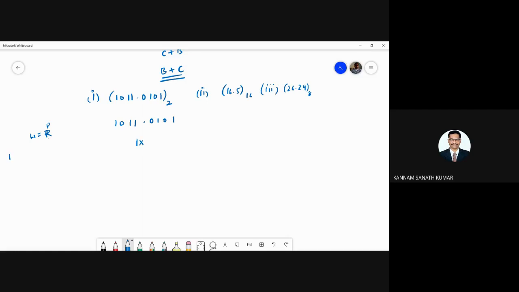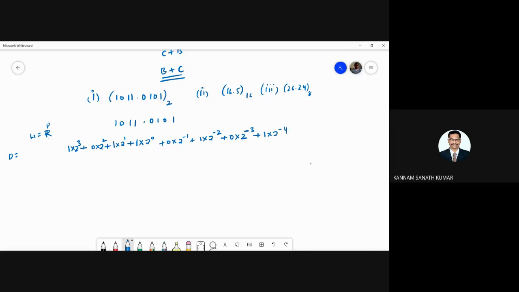So the value equals the sum of digit times weight: 1 into 2 power 0 plus 1 into 2 power 1 plus 0 into 2 power 2 plus 1 into 2 cube, plus 0 into 2 power minus 1 plus 1 into 2 power minus 2, plus, here these are fractions, 0 into 2 power minus 3 plus 1 into 2 power minus 4.